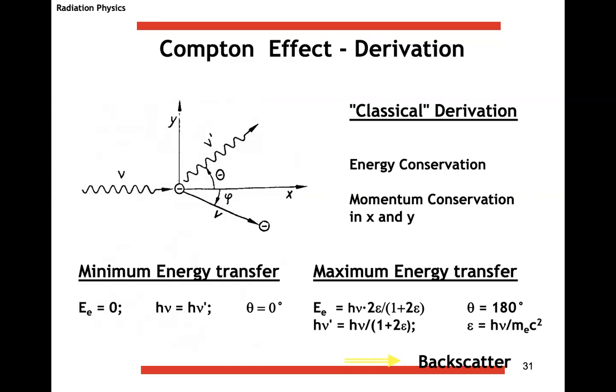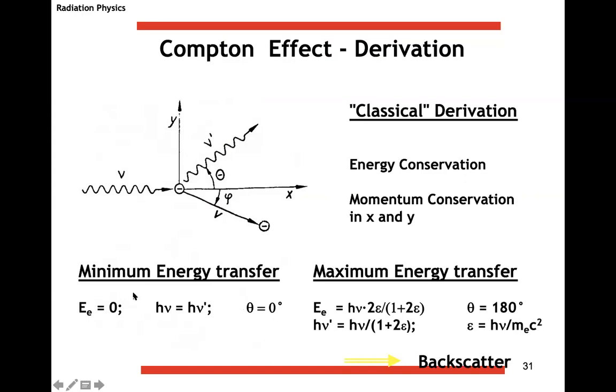Of course, with the great joy of the physicists, I will not give you the Compton effect derivation, because I think it's one of those derivations that are studied in many courses. You have to do the momentum conservation and the energy conservation on the X and Y axes. It's a very nice example of how physics works.